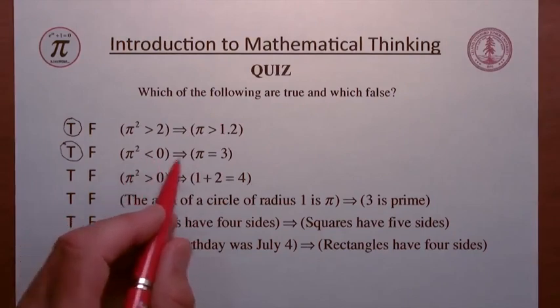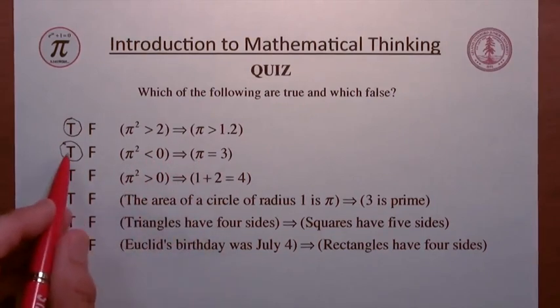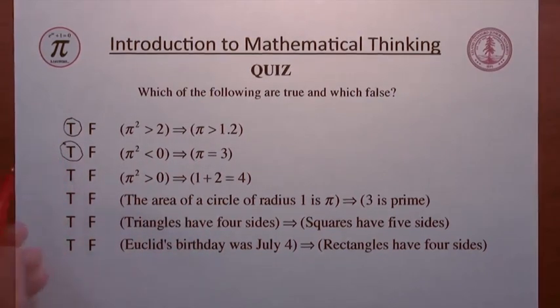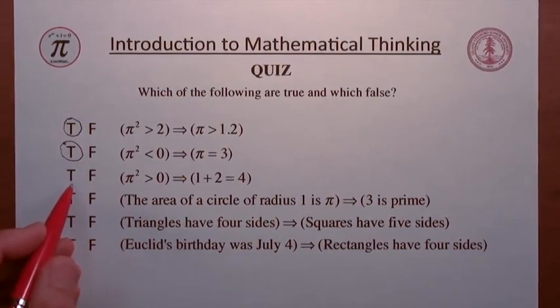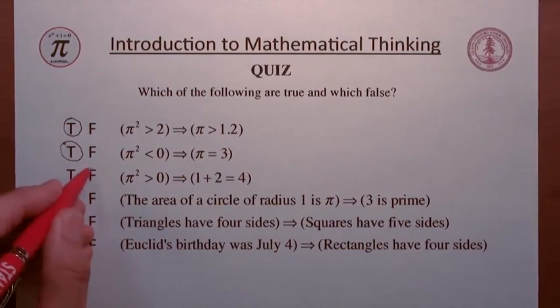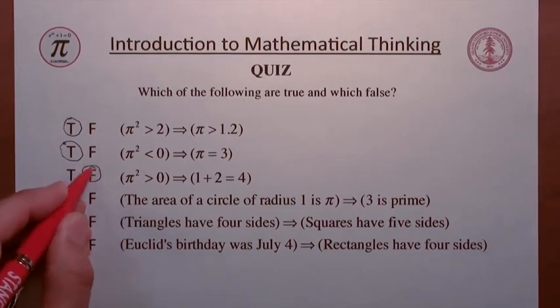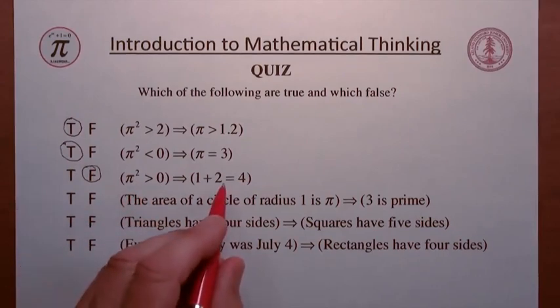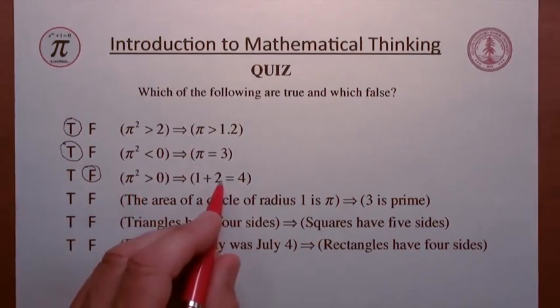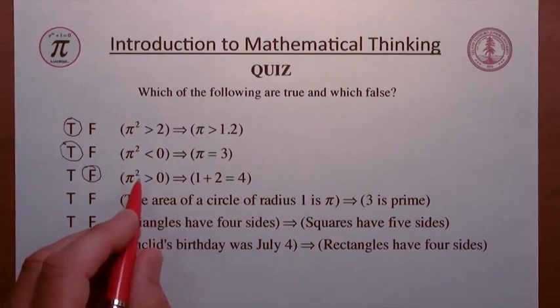So you've got false, false, that makes the conditional true. Number 3, that one's false. The antecedent is true and the consequent is false. And you cannot obtain a false conclusion from a true assumption.